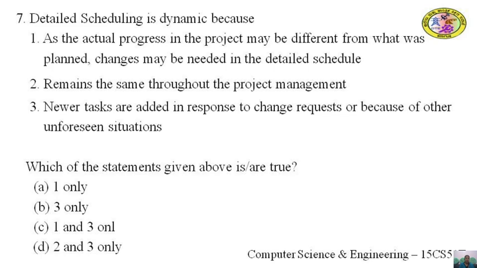Which of the statements given above is or are correct? Your options are option A, 1 only, option B, 3 only, option C, 1 and 3 only, option D, 2 and 3 only. What is the correct answer here?